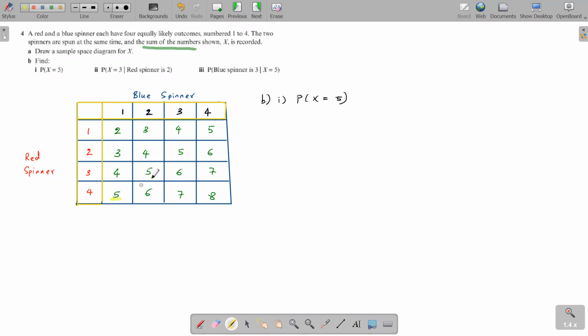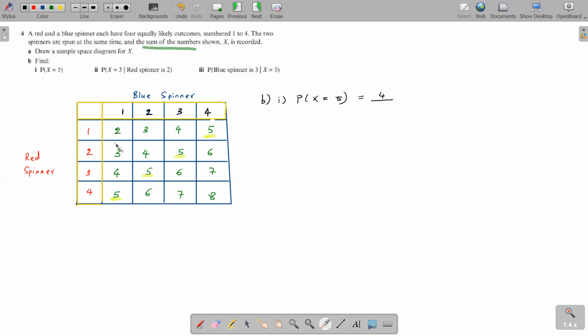Over here, 4 plus 1, 3 plus 2, 2 plus 3, and 1 plus 4. So how many outcomes are there? A total of 1, 2, 3, 4. We find there are 4 fives in this table. So you have 4 of them out of how much? What's the total number of outcomes?